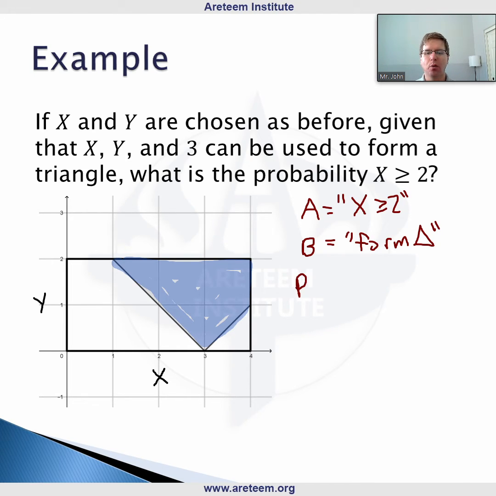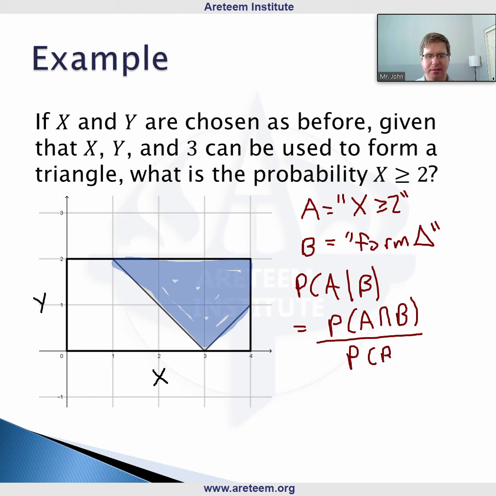And our formula, just straight up following the formula, says the probability of A given B, which is exactly what we're looking for here. Given that we can form the triangle, what is the probability that x is greater than or equal to 2? And this is therefore equal to the probability of A and B, so A intersect B, divided by the probability of B in this scenario.